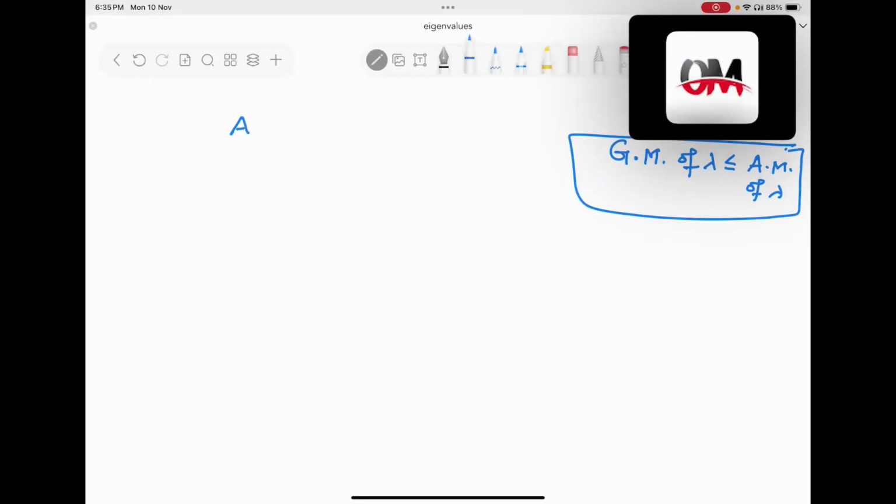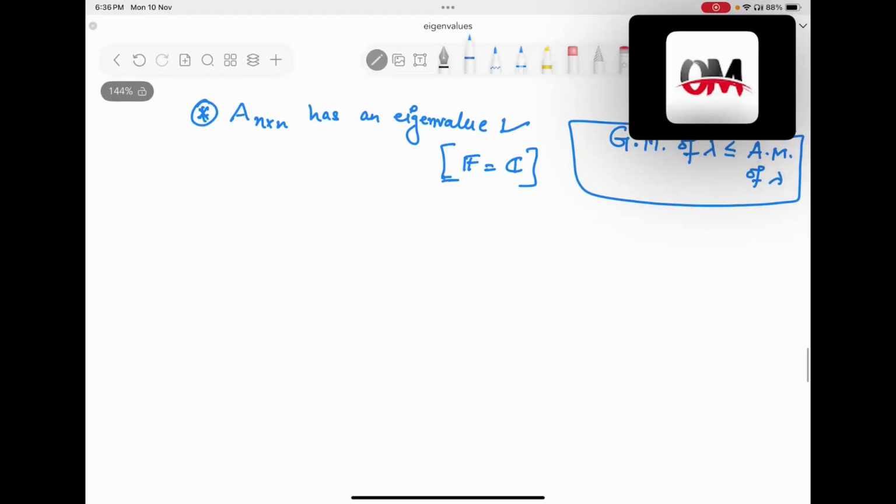So every n cross n matrix has an eigenvalue if our field is complex numbers, that is, we are allowing our eigenvalues to be complex numbers.